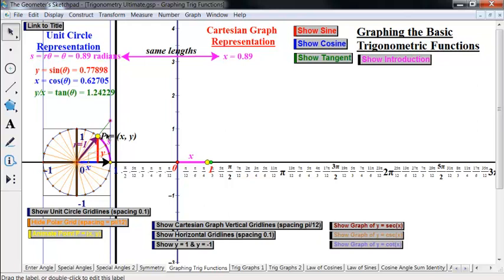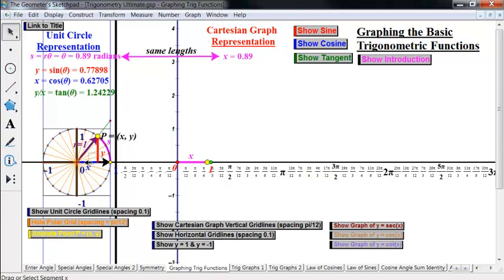Why is that true? Well, look at this right triangle right here where we have a right angle at this point (1, 0), and notice that the tangent of the angle is basically opposite over adjacent. Well, opposite is this length here, to this point from here.